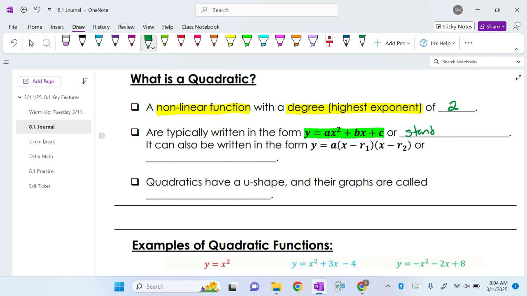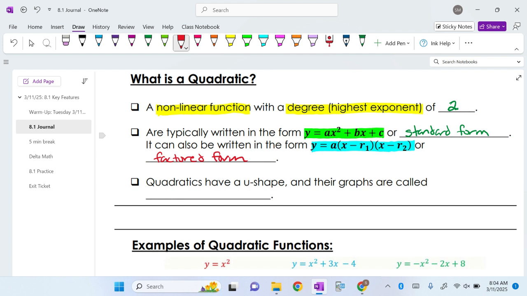So that's the standard form of a quadratic. It can also be written in the form y equals a times x minus r1 times x minus r2. Now, it looks a little funky, but that's actually what we've been dealing with a lot in the last unit, which was a factored form of a quadratic. So remember how I said you got to get really decent at factoring? That's why. You will see it again in this unit.